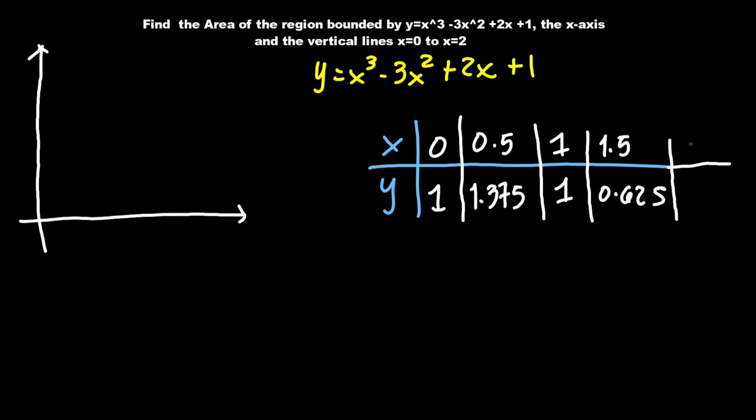And so if x here would be equal to 2, y right here would be equal to 1. So let us plot this. So this would be 0, 0.5, 1, 1.5 and 2. So this would be 0.5, 1, 1.5, and 2.